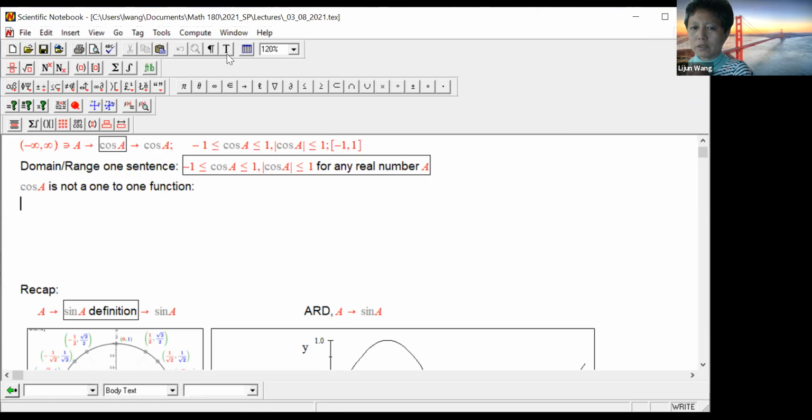Kevin's answer: cosine pi over 6 is equal to cosine 11 pi over 6. And what does this imply, Kevin? Cortland, do you see why the statement you made was not true?